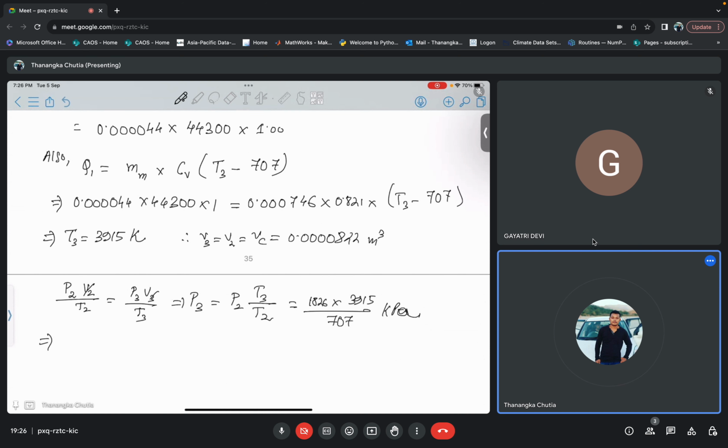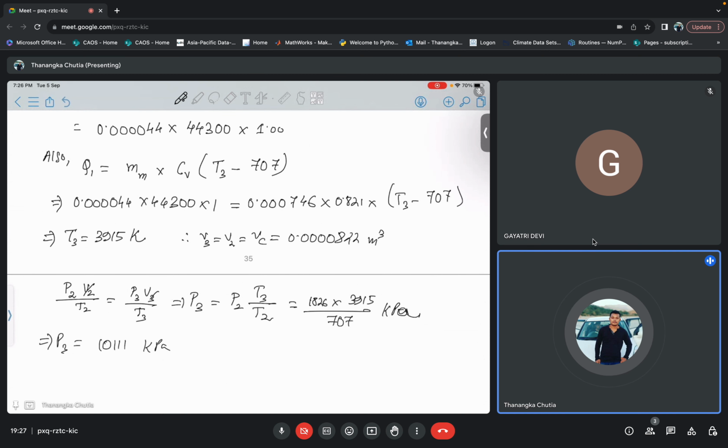Okay, so your P3 will be 1826 into 3915 by 707. Okay, so this will be 10111 kilopascal. So almost 10,000 kilopascal. So it is dealing with very high pressure, and also this is a multi-cylinder engine.